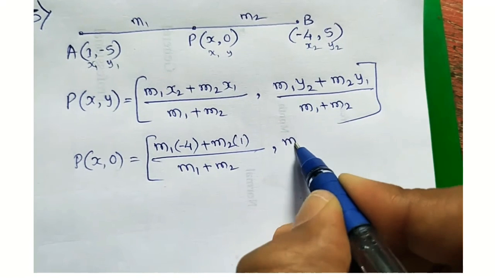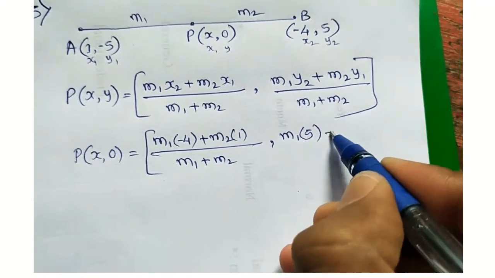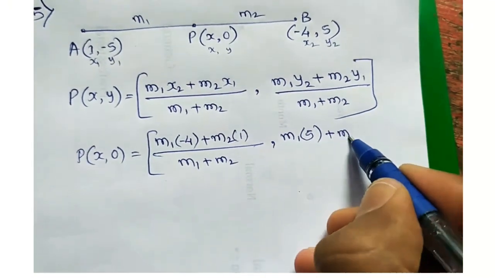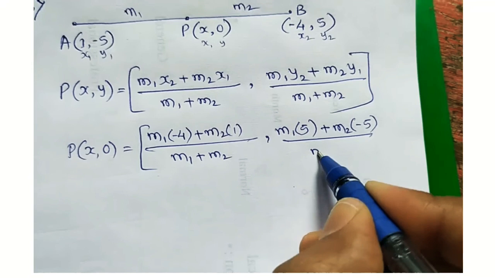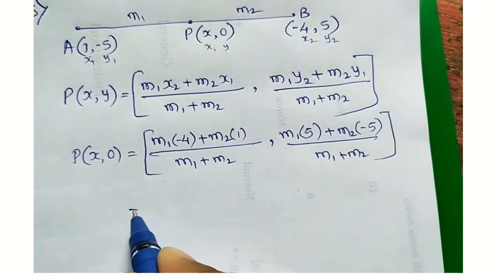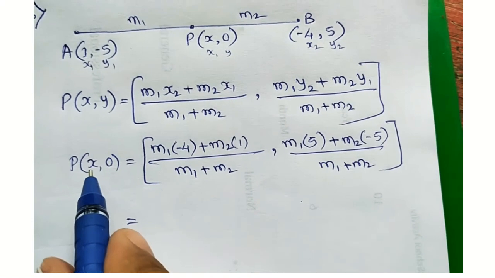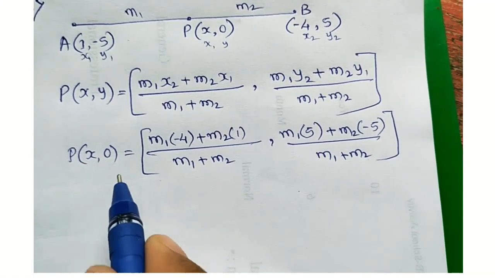Next m1 into y2, y2 is 5, this is plus m2 into y1, y1 is minus 5 divided by m1 plus m2. Okay, so in the coordinates of the division point, here we will get x and y value. So here y value is 0.